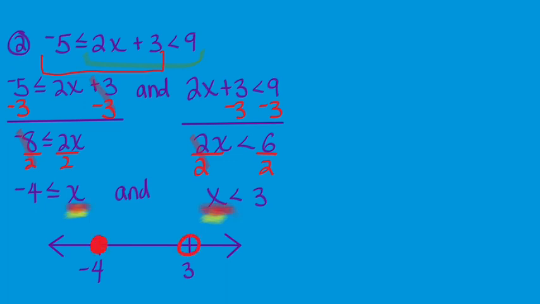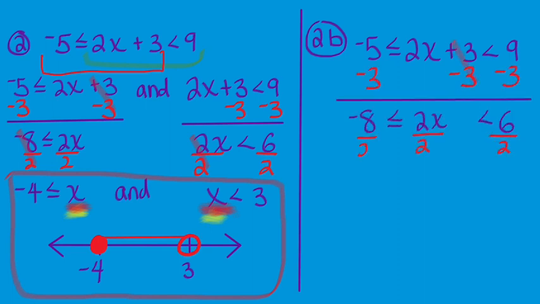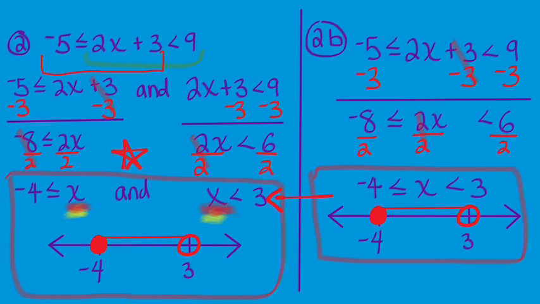And that's how we know what it should look like. Again, here's my shortcut version. I just subtract 3 from both sides and divide by 2. So nice. When we talk about the "and" situation, it's much faster than the "or" situation.